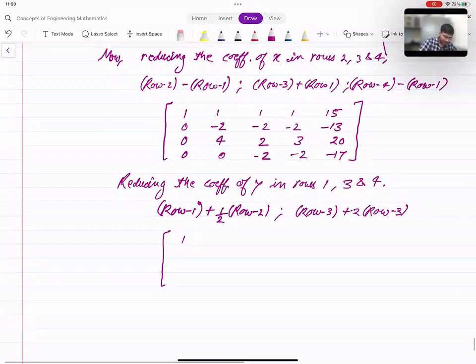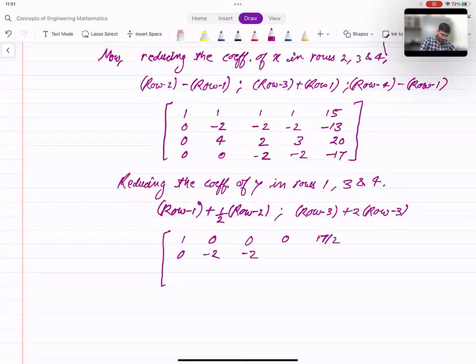This is 1, this becomes 0, then again 0, and again 0. This will now be 17 by 2, because we are adding half. So this will be 15 minus 13 by 2, which is 30 minus 13 upon 2, nothing but 17 by 2. And this row remains unchanged.